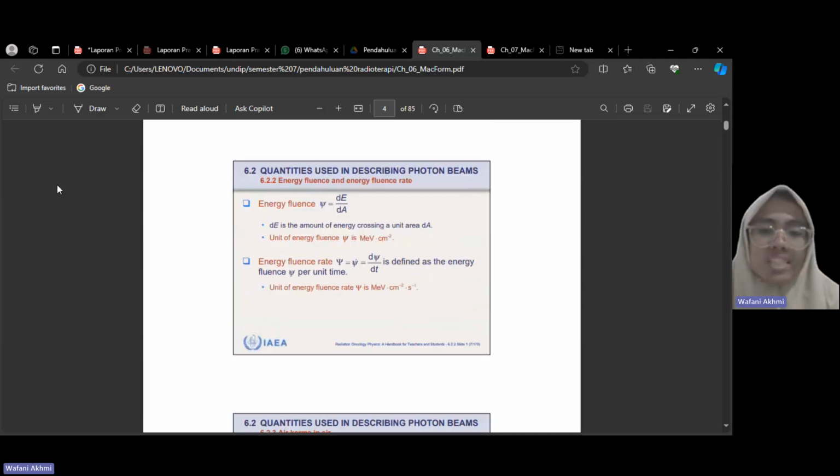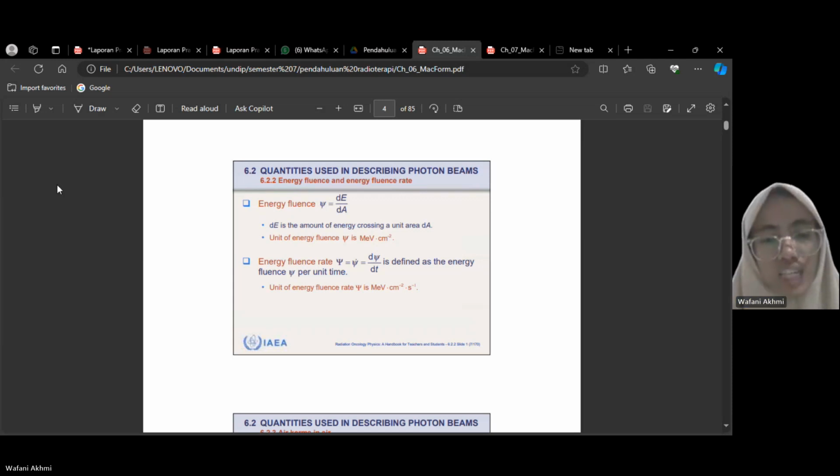Energy flux and energy flux rate. Energy flux psi is equal to dE divided by dA. dE is the amount of energy crossing a unit area dA. Unit of energy flux psi is mega electron volt per centimeter squared.